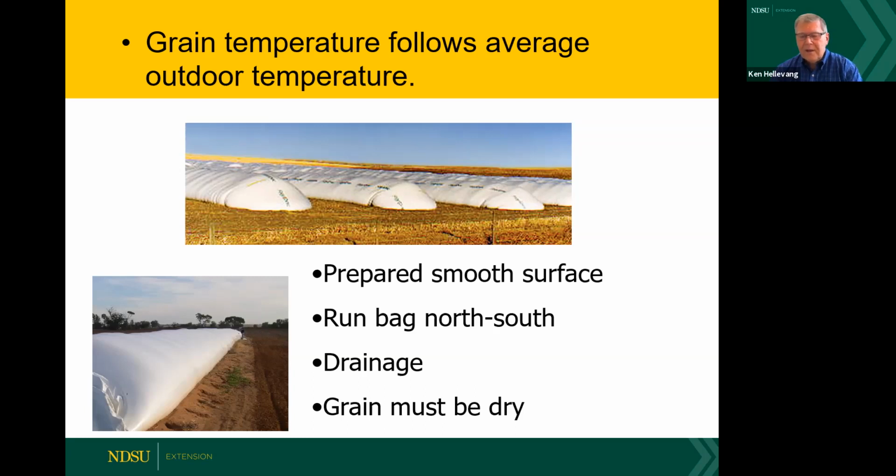And then we need to make sure that that grain is dry going into storage and that it stays dry. And so even with these types of storage containers, the principles that we have covered are the same that we use for managing these types of storages.